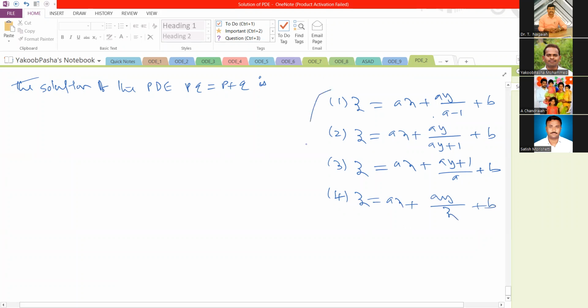Here the equation contains p and q only. So we have to take p is equal to a. Then aq is equal to a plus q.